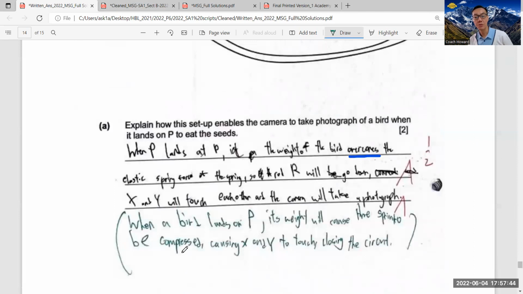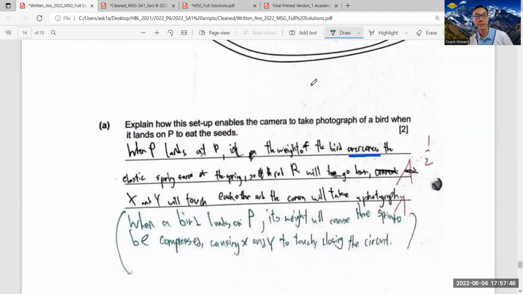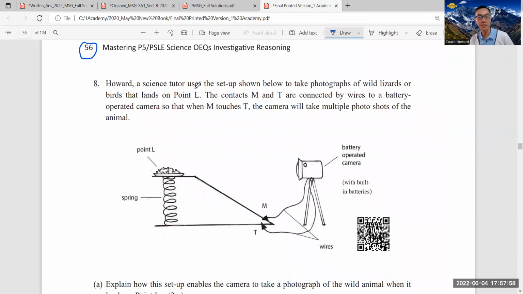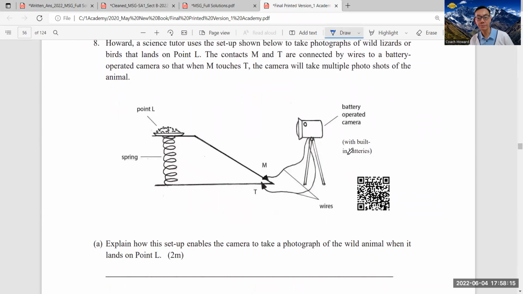I want you to see this question and compare to my book, which some of you have. It's on page 56 of my book. So the same thing: Howard, a science tutor, uses the setup below to take photographs of wild lizards or birds that land on point L. The contacts M and T are connected by wires to a battery-operated camera, so that when M touches T, the camera will take multiple shots of the animal. There are built-in batteries here.